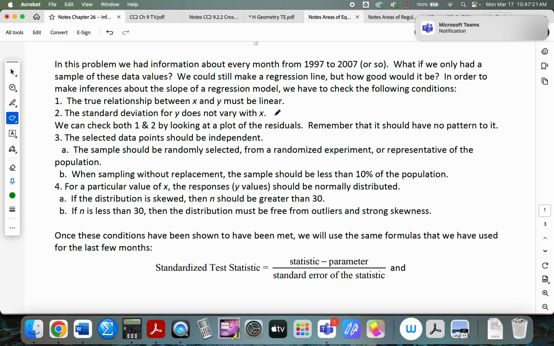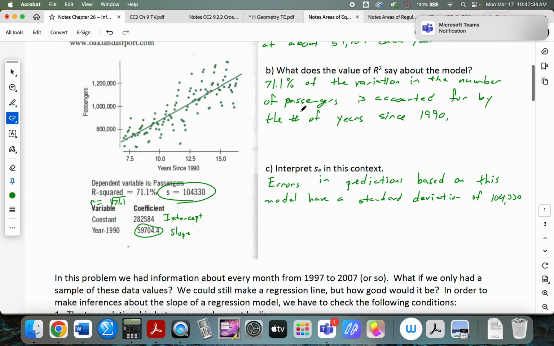Well, it means it doesn't either fan out or move in when you're looking at the residuals, or the data. If you look at this data, our prediction doesn't get suddenly worse as we move from left to right, or get a lot better as we move from left to right.